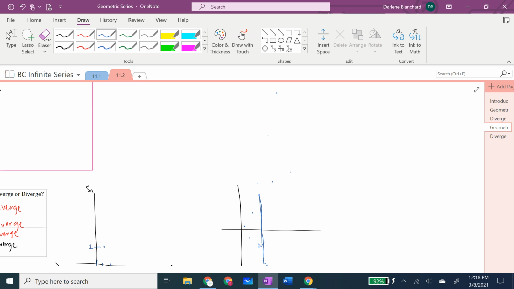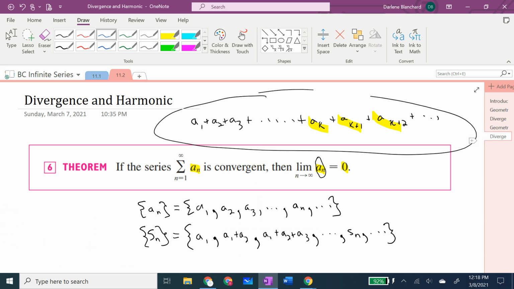It would not horizontally asymptote. So this is a very, very, very important theorem, but it's also important to become very, very clear about what it is saying and what it is not saying.